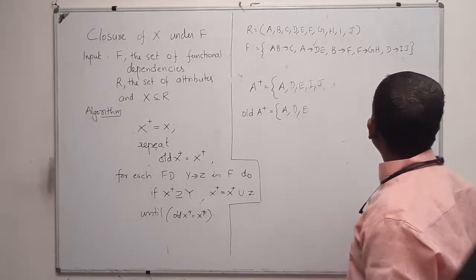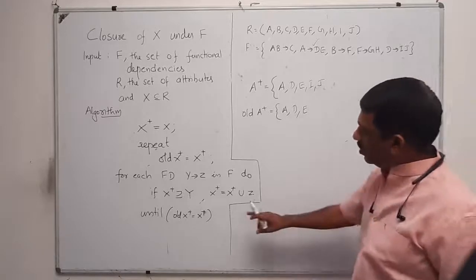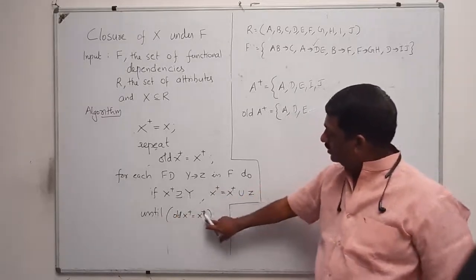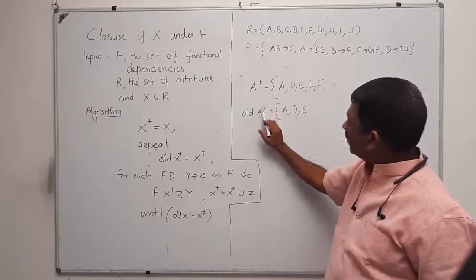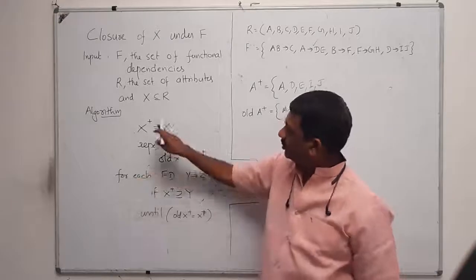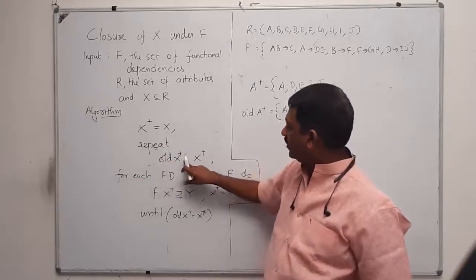Now old A plus and A plus are different, so coming back to this point, old X plus is set equal to X plus.